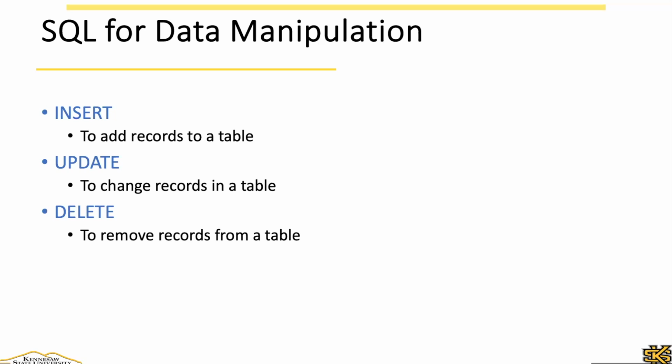It ensures that obsolete, outdated or incorrect data can be removed from the database. Each of these operations plays an important role in maintaining and managing the data within your database, making them essential tools for effective database management.